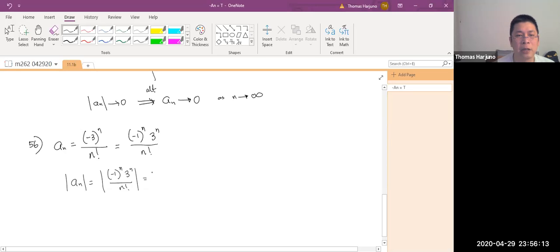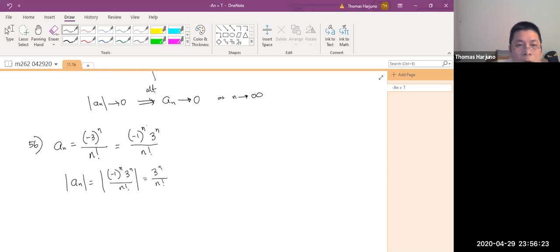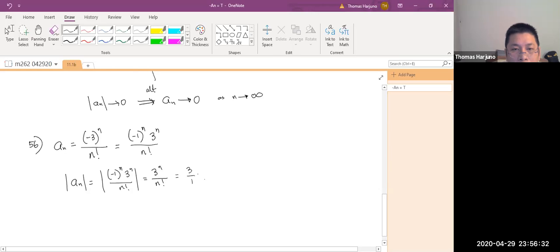So I basically deal with 3 to the n over n factorial. Now don't forget that this is in terms of the absolute value. Now if I go on a bit further, I can rewrite it this way. This is 3 over 1 times 3 over 2 times 3 over 3 times 3 over 4 times 3 over 5 all the way to 3 over n. Is it right?